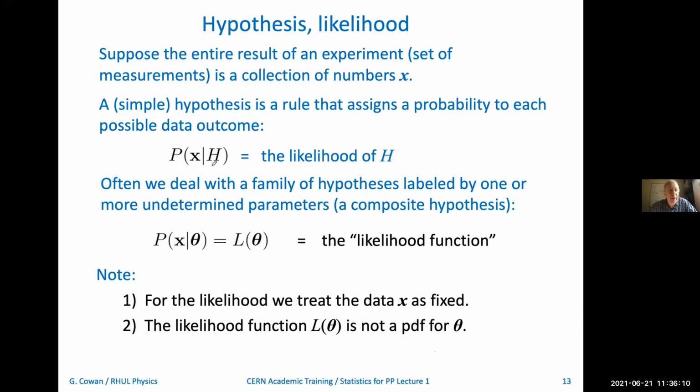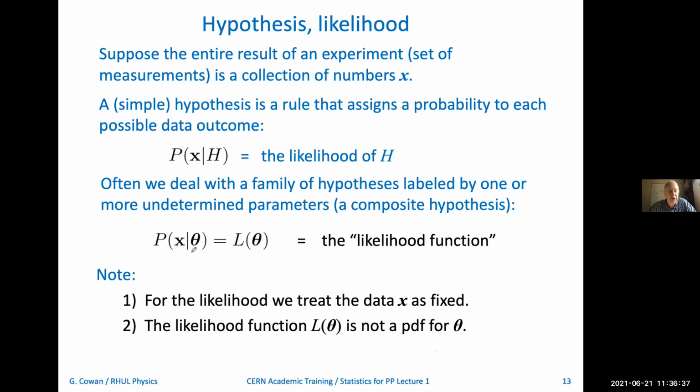Now that term, as I said, is what's referred to as the likelihood of the hypothesis. If you regard this just as a function of the hypothesis and you regard the data as fixed, then this quantity is what we call the likelihood of the hypothesis. Now, very often we deal with a family of hypotheses where we use a numerical label for the hypothesis, in the sense of a numerical parameter.